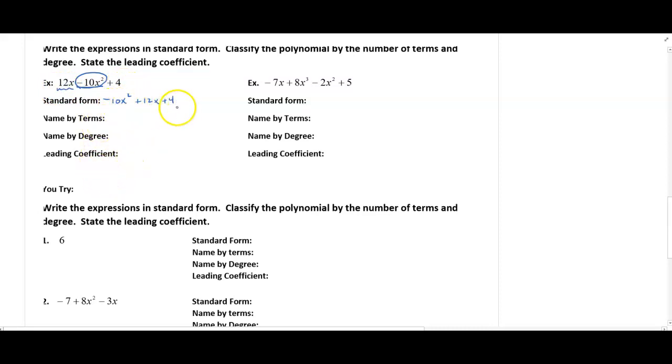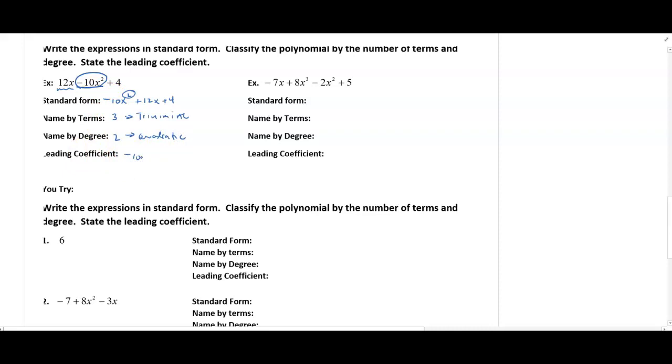Okay. Right away, I look at it, it has 3 terms. So the name by terms would be a trinomial. Name by degree, since the highest exponent is 2, the degree is 2, which makes it a quadratic. And the leading coefficient would be negative 10.